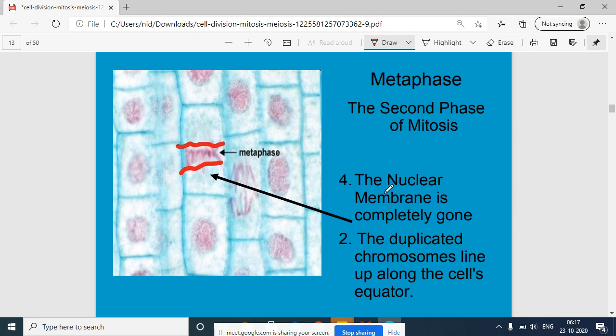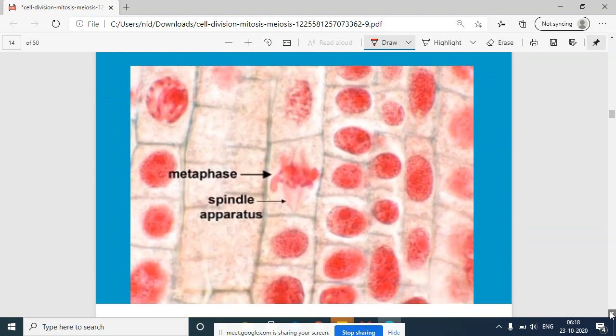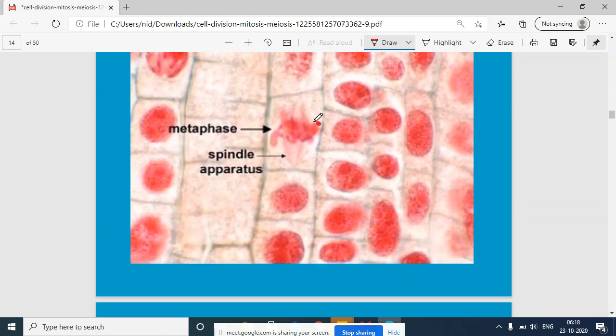So the nuclear membrane is completely gone. In the first step, it was actually breaking up, and in the second, you will not notice it. The duplicated chromosomes line up along the cell's equator. They'll all collect here. So that's the metaphase. Next part. You can see the metaphase in between. There's a spindle apparatus; you can see it here on this particular portion.